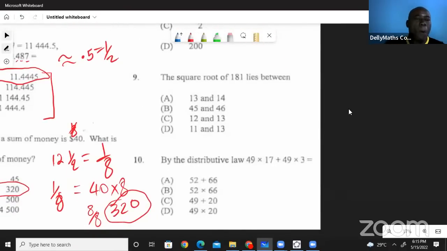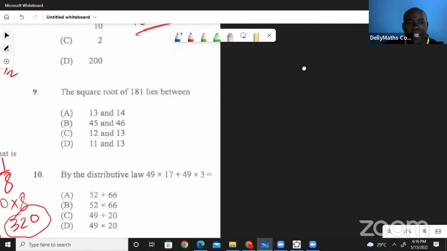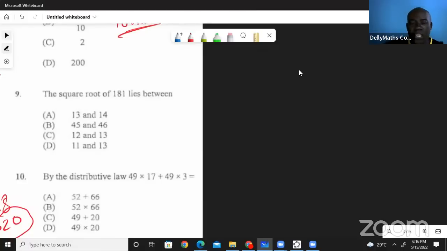For number 9 now, persons who are going to do well at number 9, you must know a little about your square numbers. What I normally do is try to know some things. There are some squares that we want to know. I'm going to throw some of the squares on the side here in red so that we could see. For example, 1 times 1 gives us 1, 2 times 2, 4, and then it goes on like that.